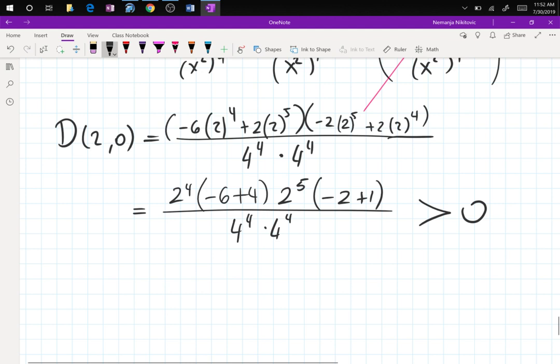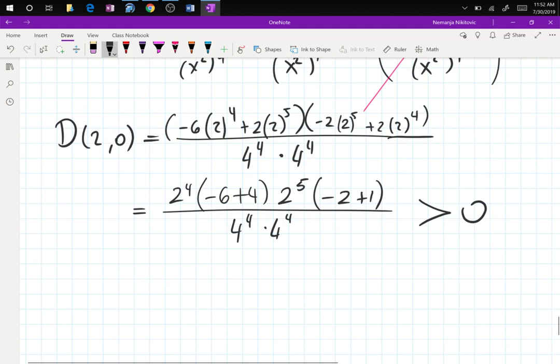So you have negative times negative is positive, and then you have all positives when you multiply. We don't care what that value is. We just need to know whether it's smaller or larger than 0. Altogether, that's positive divided by a positive number on the bottom. It is all positive.